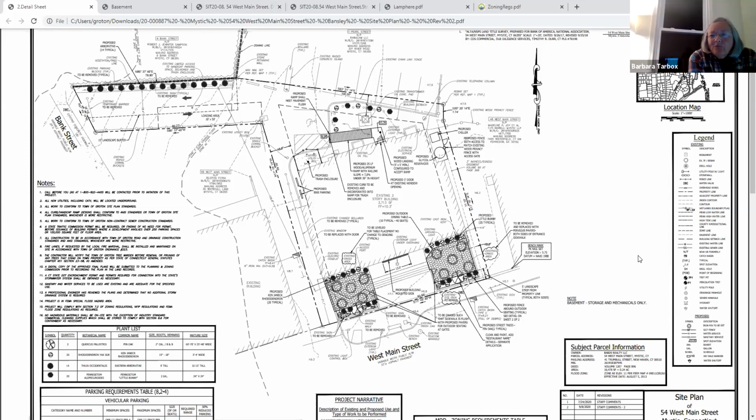Yeah, I guess it's all one concern, and that's parking, including the handicap parking. The Mystic Art Association lot is full as it is, and how can you add that much more parking? It is just unrealistic, totally unrealistic.